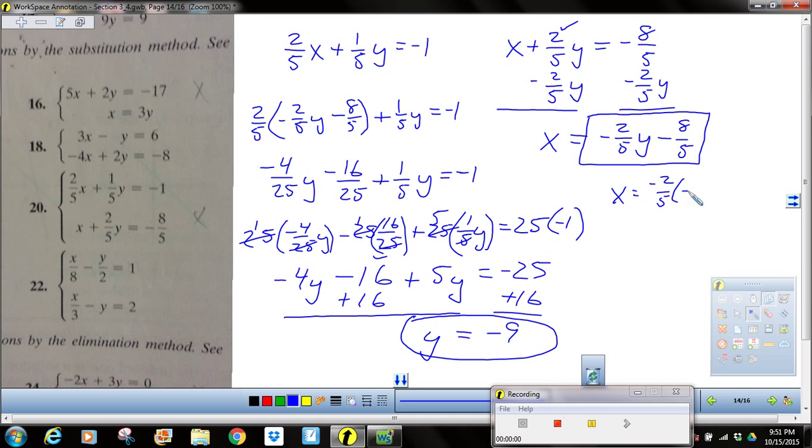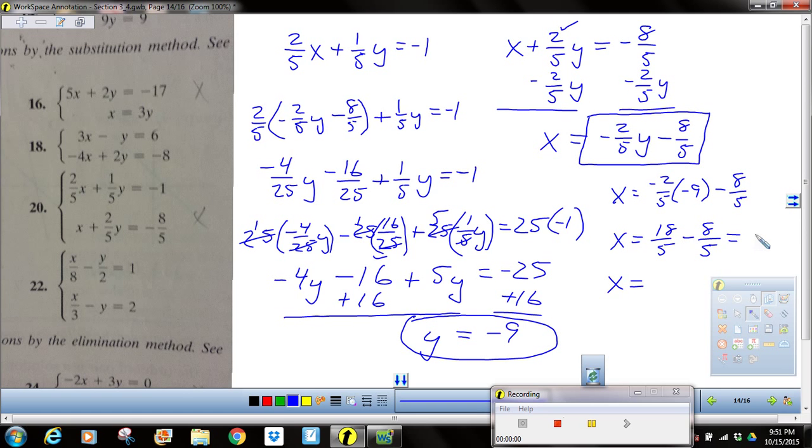And this doesn't look like it's going to be very pretty. Negative 2 times negative 9 is positive 18 fifths. Take away 8/5. Now these do have a common denominator already, so I'm just going to go ahead and subtract them.